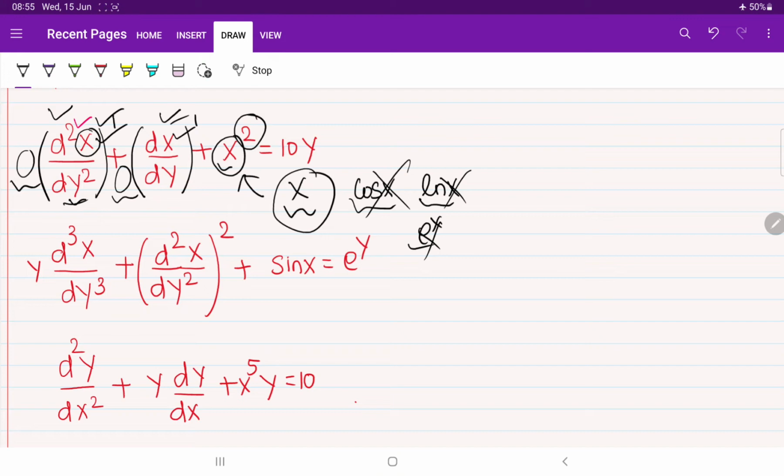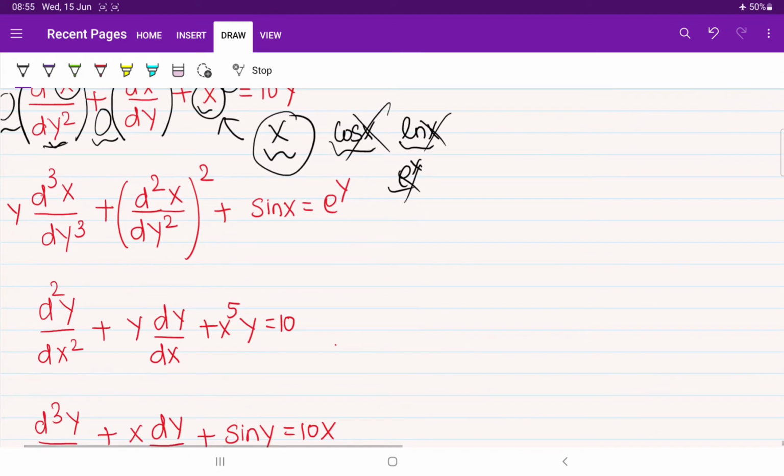No sir, degree is not 1, it is 2. In that case, if the degree is 2, then this given equation is said to be non-linear. I told you degree must be 1 for all variables. Here also, we have d square x by dy square whole power 1, dx by dy whole power 1, then x also should be 1 only. If it is more than 1, by default, that equation is going to be non-linear.